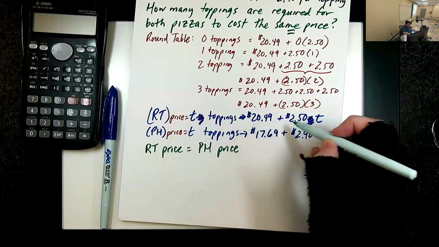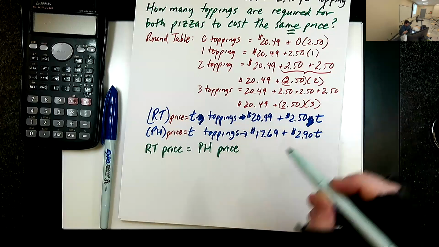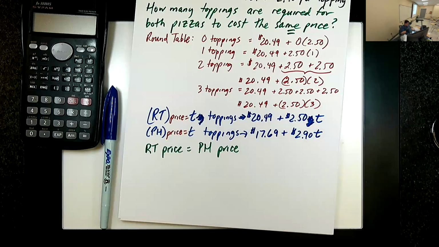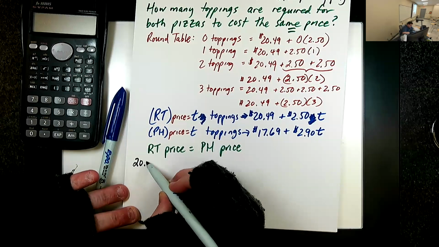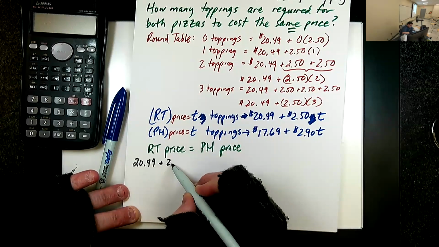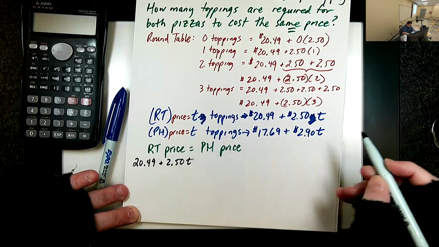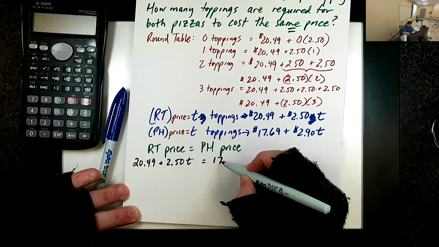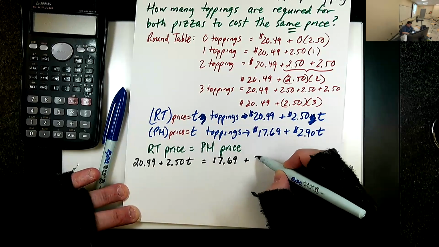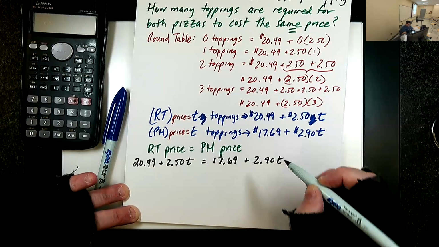Well, I've got a formula for the Round Table price and I've got a formula for the Pizza Hut price. The Round Table price is $20.49 plus $2.50 a topping. And the Pizza Hut price is $17.69 plus $2.90 a topping.